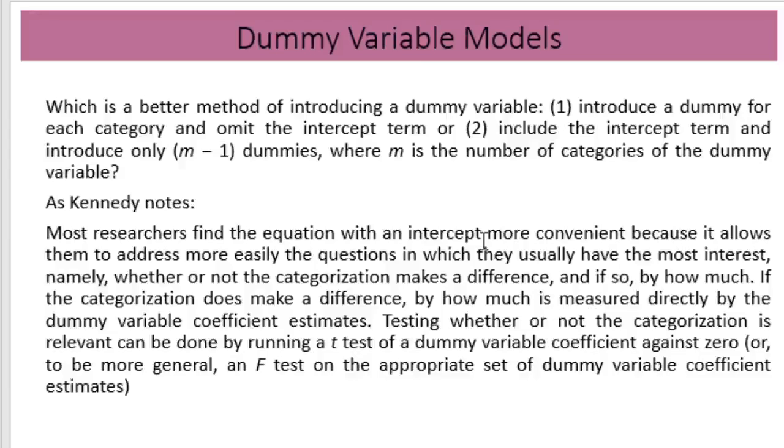We get a benchmark and can make the comparison if we use m minus 1 categories. That is the advantage. Therefore, the majority of researchers use the second method, including the intercept term and only m minus 1 dummy variables.